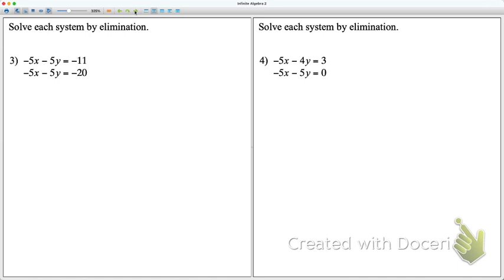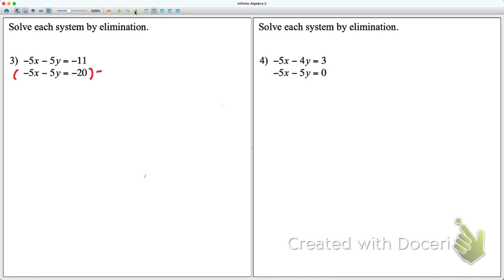Okay, what variable? X or y? It doesn't matter. I need to multiply one of the equations by a negative, right? Which one, top or bottom? Bottom? Okay, so I'm going to multiply by a negative.